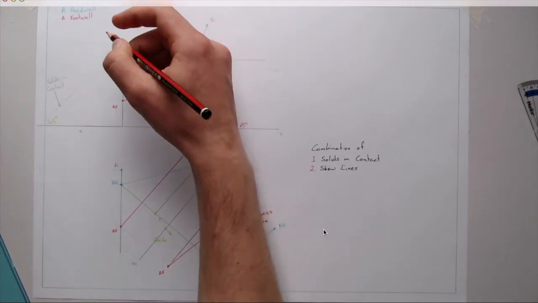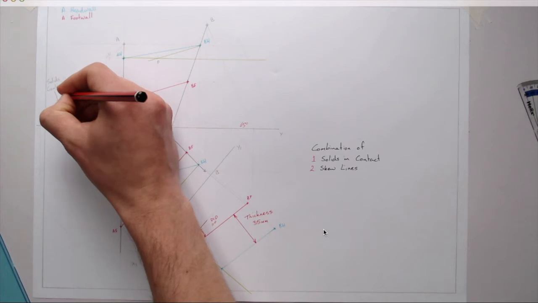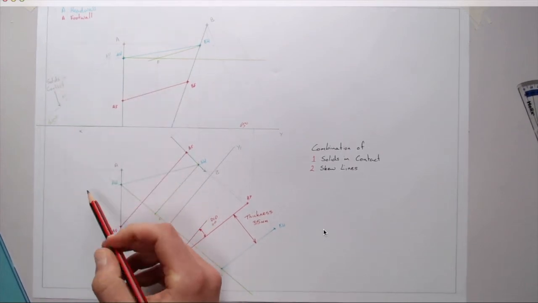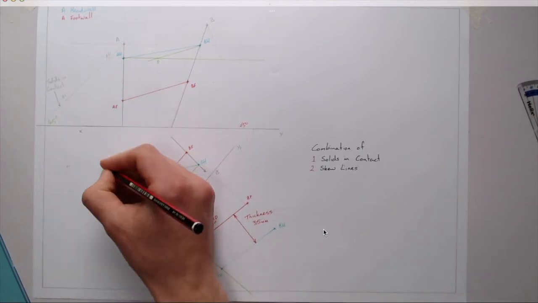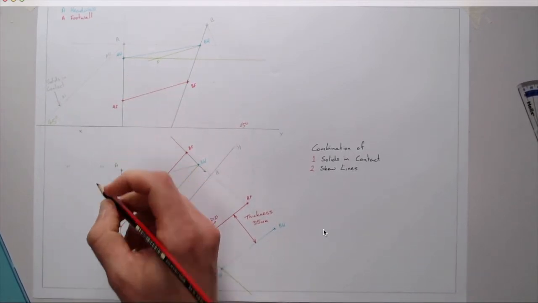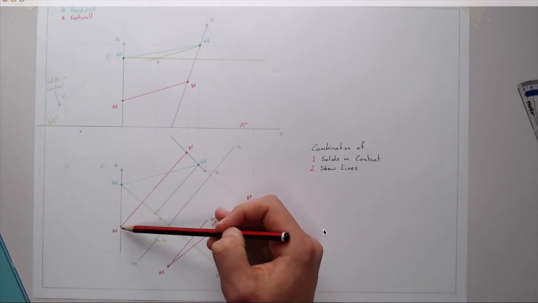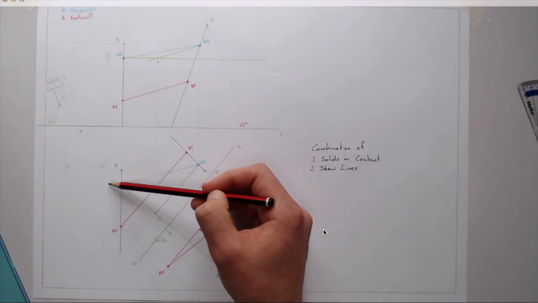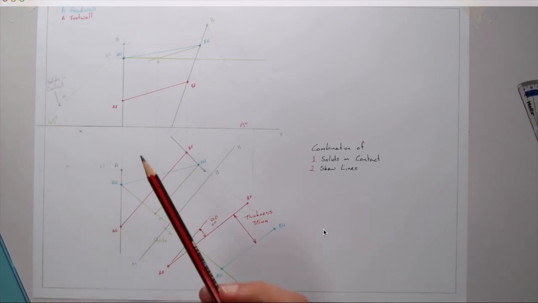So you could say AH over here and AF. And then project it down to my view down here, just like we would have done when we were looking at solids in contact, and then rotate it around the plan to find where AH and AF actually end up being. Okay, so rotate it around to find them in there.